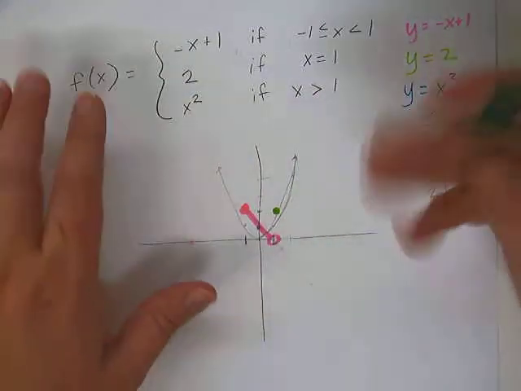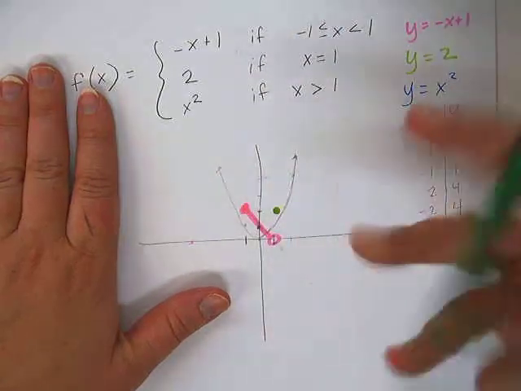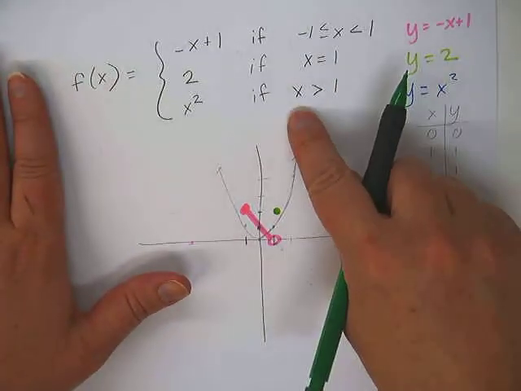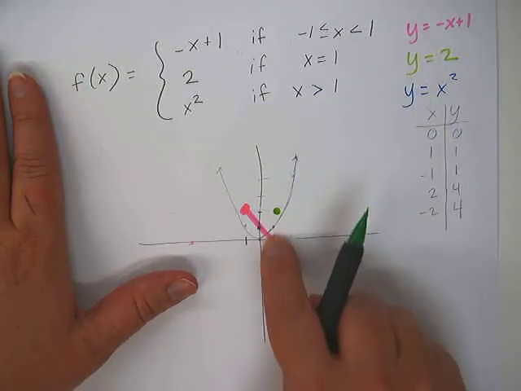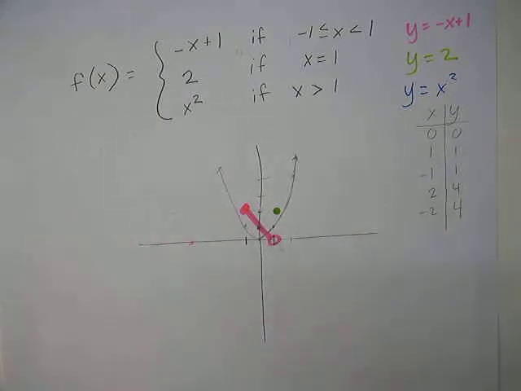X is greater than 1. I didn't draw this carefully enough because my graph shouldn't be crossing that green point at all, because the point 1, 2 is not on the graph. It's the point 1, 1 that's on the graph. Okay, so x is greater than 1. So here's where 1 is.